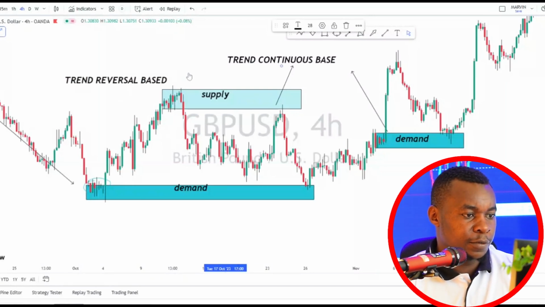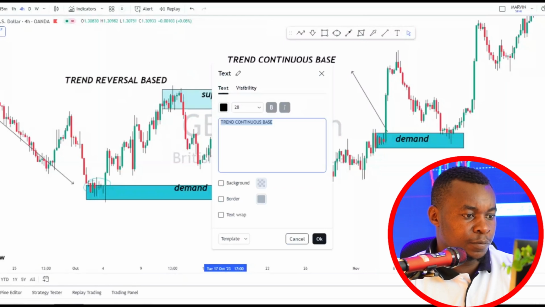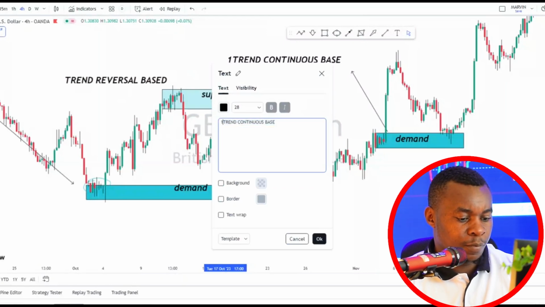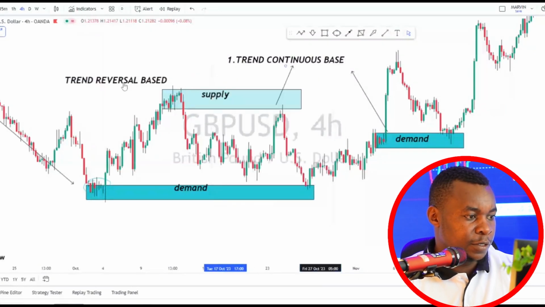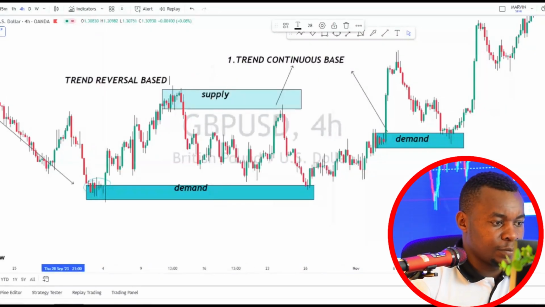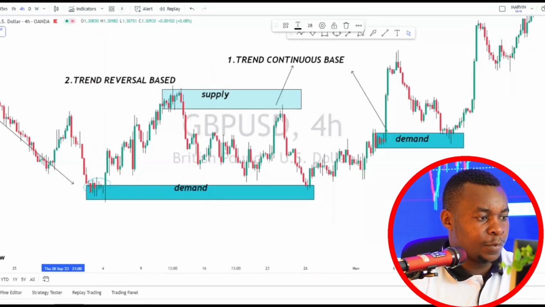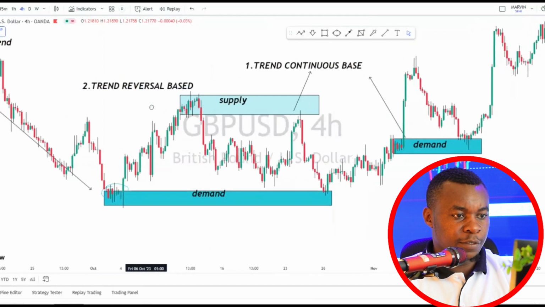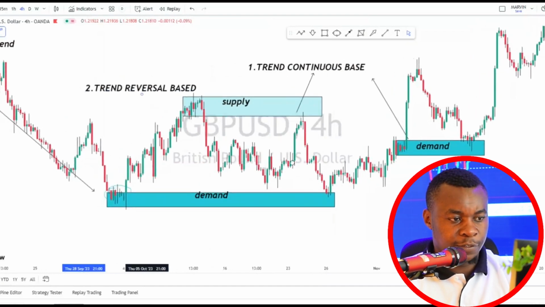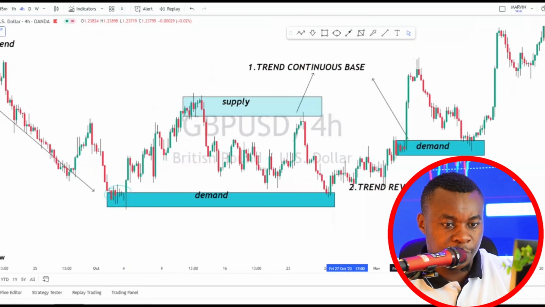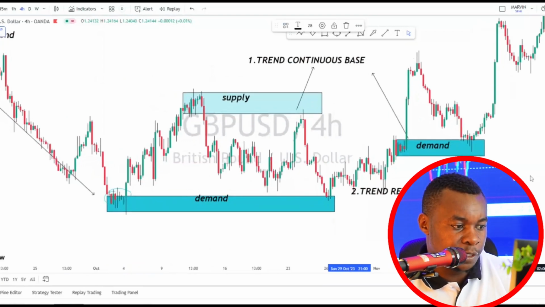So number one type of demand and supply is trend continuous. Number two is trend reversal based. Trend continuous and trend reversal based. And we have the examples of the two types of demand or supply.